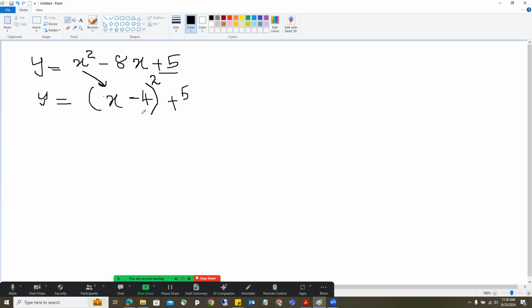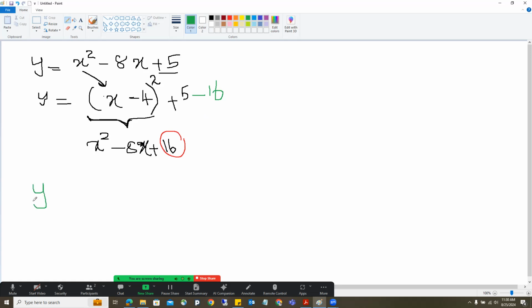Okay. And then here, if we remove this bracket and expand this, you will receive x squared minus 8x plus 16. So there we have an additional term that is 16. So what we have to do, we need to subtract that 16 from here.